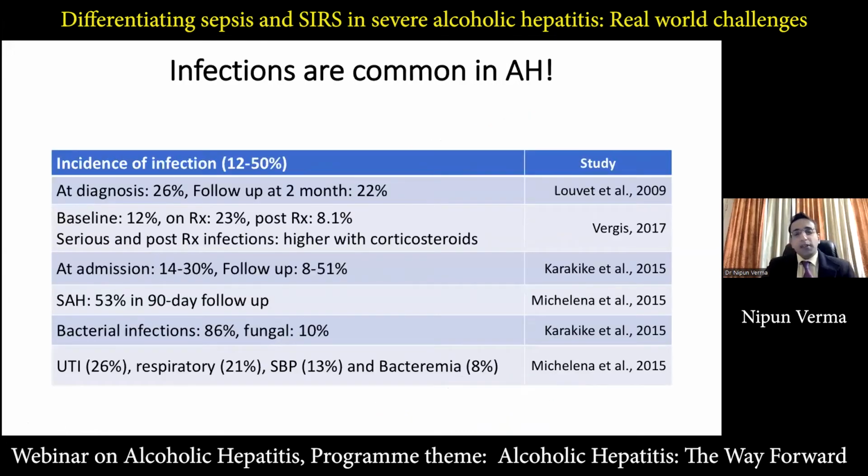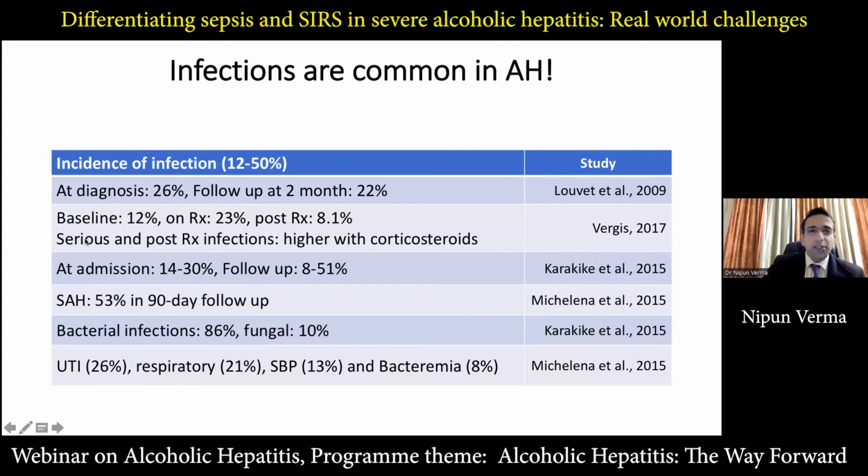Therefore, in different studies, we have identified that infections are quite variable in patients with alcoholic hepatitis, ranging from 12 to 50%. This difference is probably because of differences in screening strategies, as well as the use of antibiotics at different centers. From the STOPAH trial, it was shown that the baseline prevalence of infection was 12%, while on treatment it increased to 23%, and after treatment it was 8%.